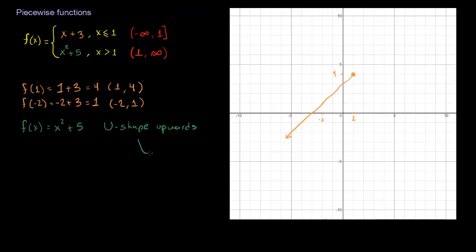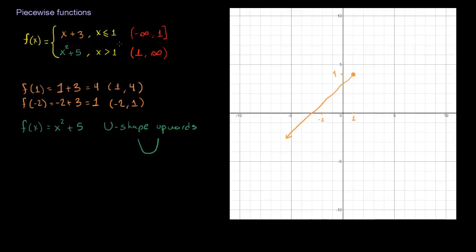We can't get into too much detail here. I'm just going to plug in a couple of values to figure out how this f of x behaves for x greater than 1, to have a clear idea of how it behaves in the long run.